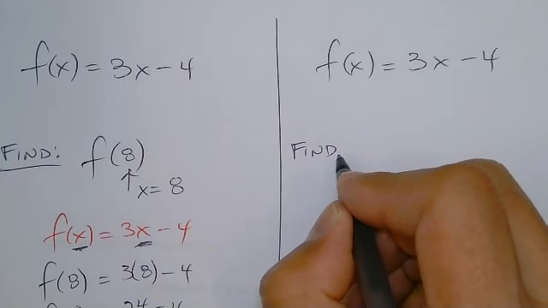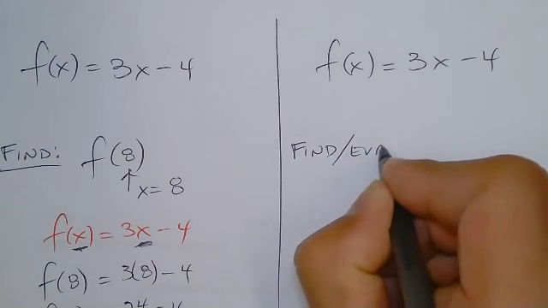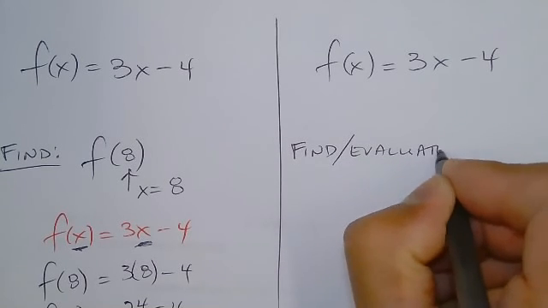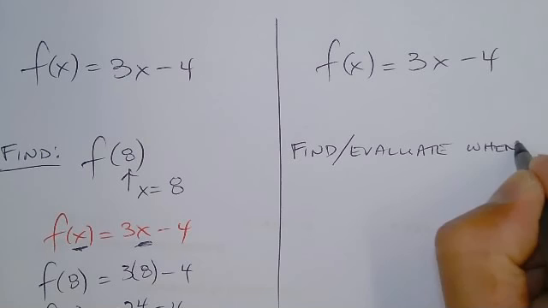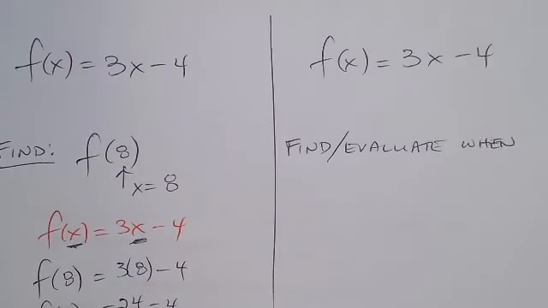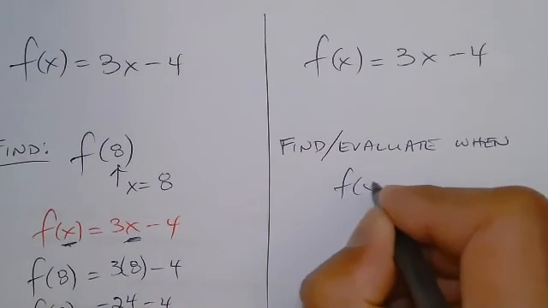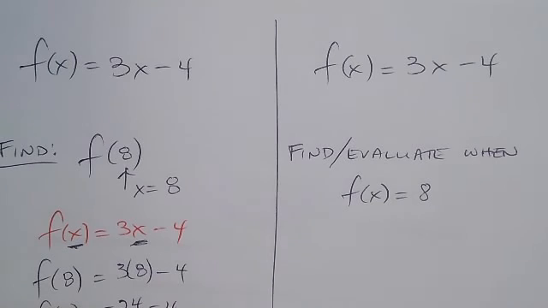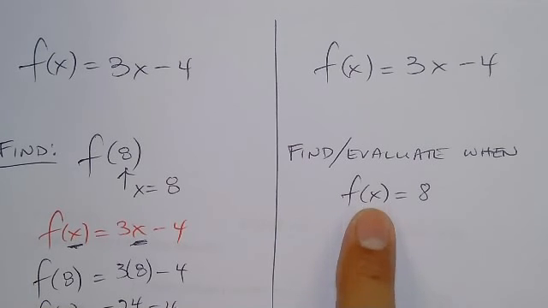What's the difference between this and now it's going to say this? Find, or actually, evaluate when f of x is equal to 8.